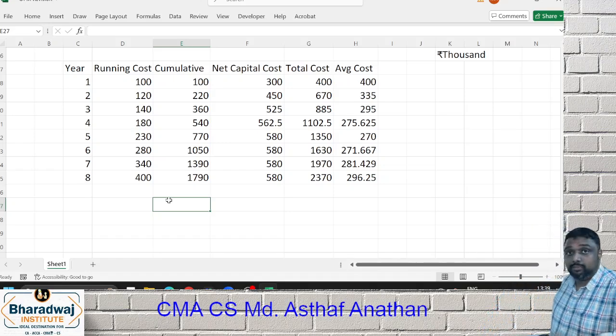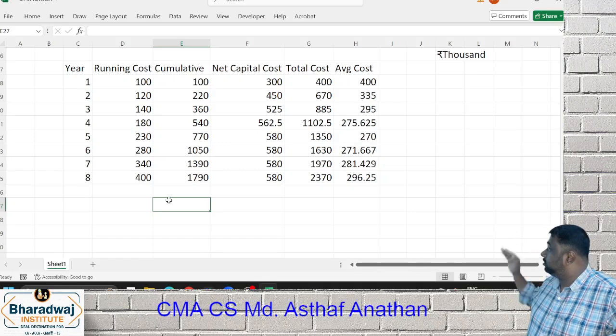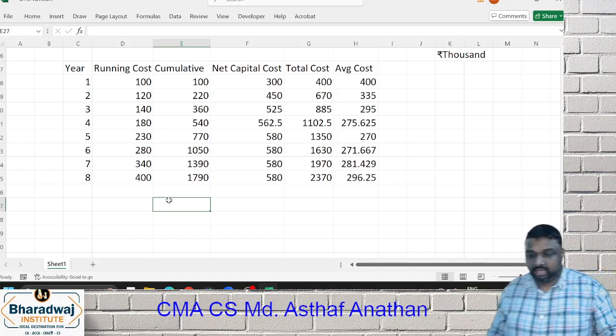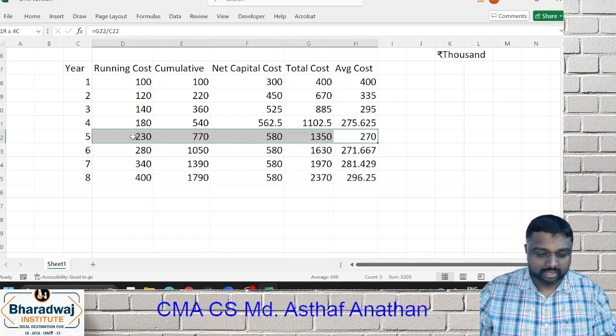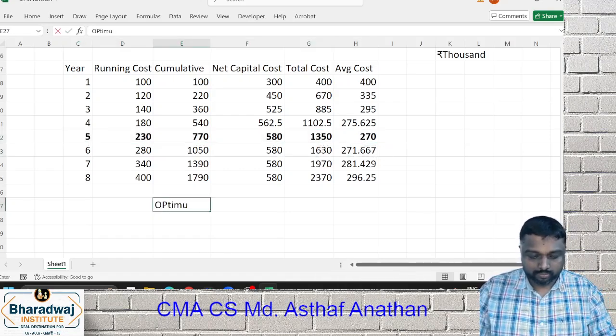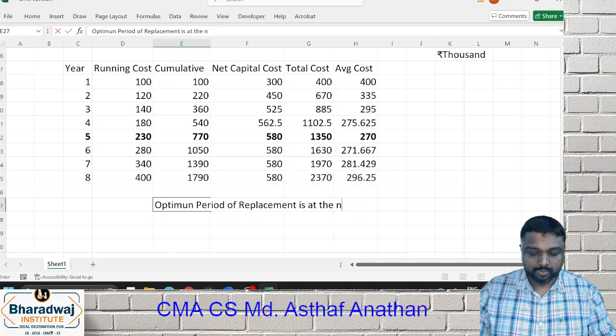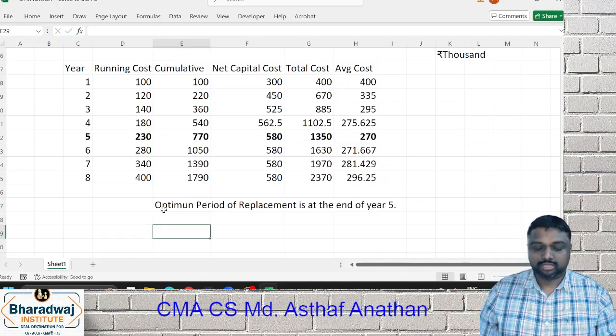The optimum period of replacement is the period where the cost is getting reduced, and after a certain moment it starts increasing. After 270, it starts increasing. So you can write the answer: the optimum period of replacement is at the end of year 5.